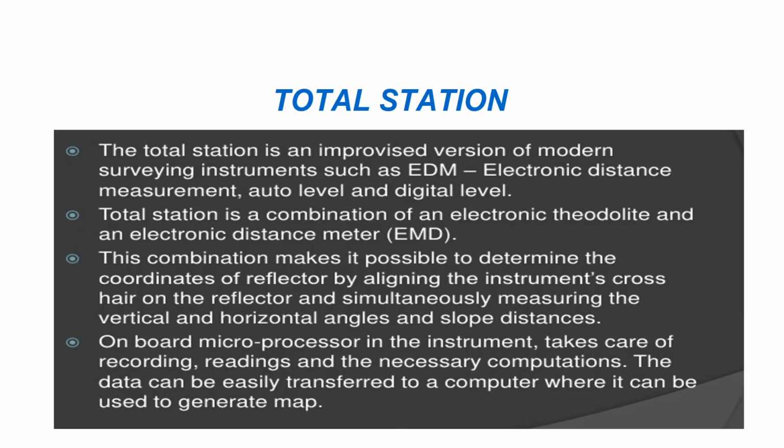This combination makes it possible to determine the coordinates of a reflector by aligning the instrument's crosshair on the reflector and simultaneously measuring the vertical and horizontal angles and slope distances. The onboard microprocessor in the instrument takes care of recording readings and the necessary computations. The data can be easily transferred to a computer where it can be used to generate a map.